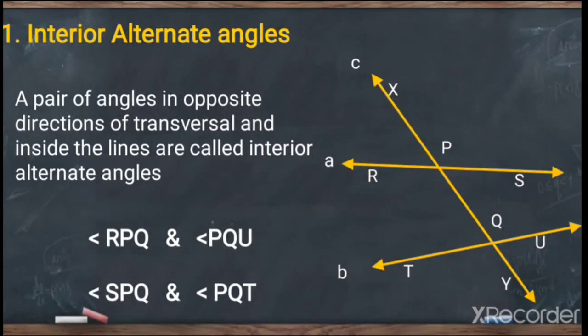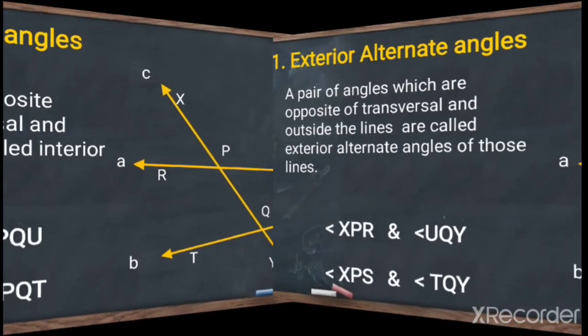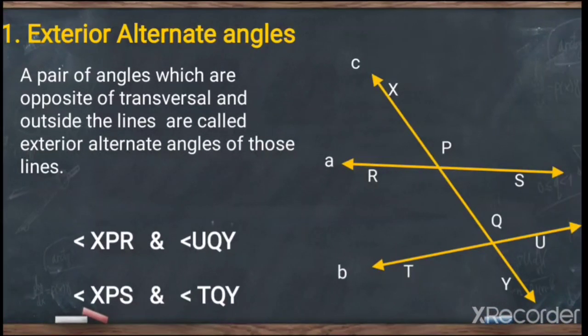Now let's study the next one, exterior alternate angles. A pair of angles which are on opposite sides of the transversal and outside the lines are called exterior alternate angles.